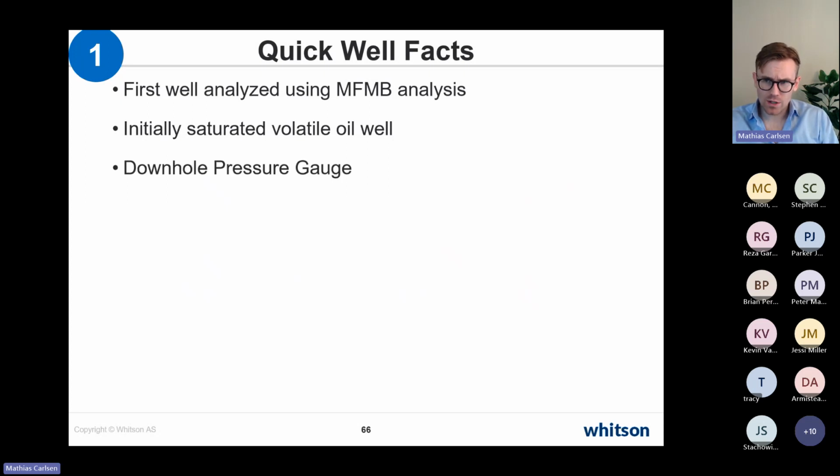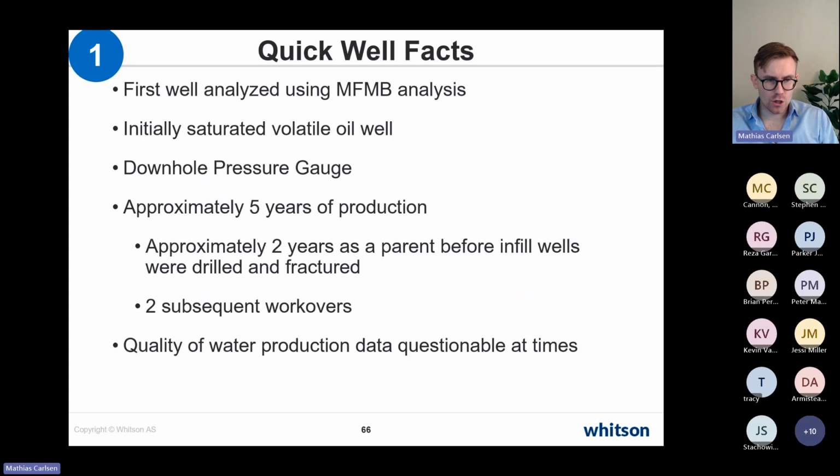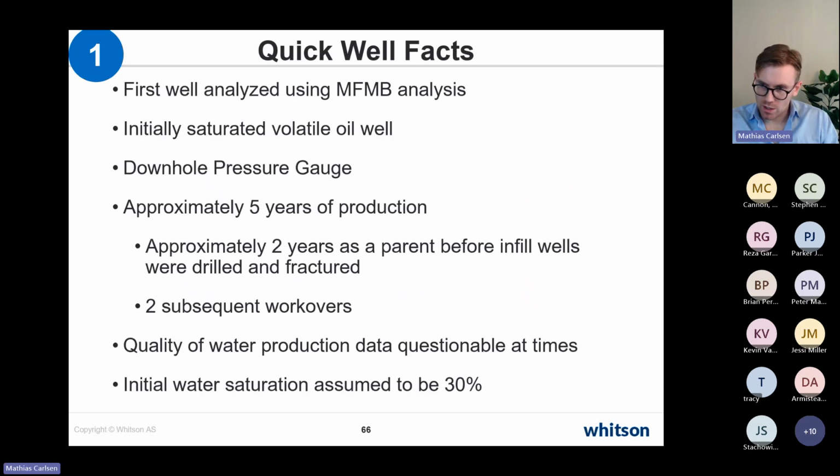It had downhole gauges and approximately 5 years of production. 2 of the years were only as a parent well before we got infills, and then there were 2 subsequent workovers after that. Just to note, the quality of the water production was questionable at times. And initially, they had assumed that the water saturation in the tank was 30%. So this is a real case study from a Permian company.